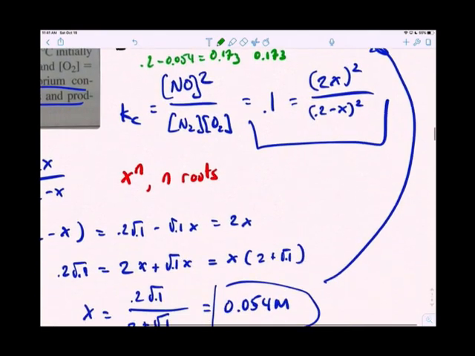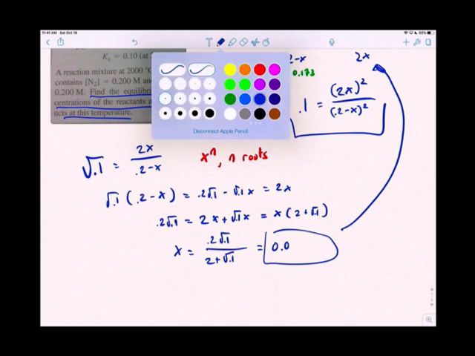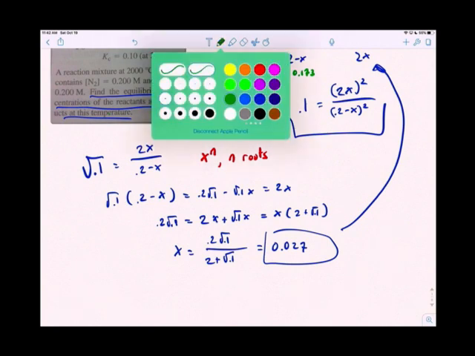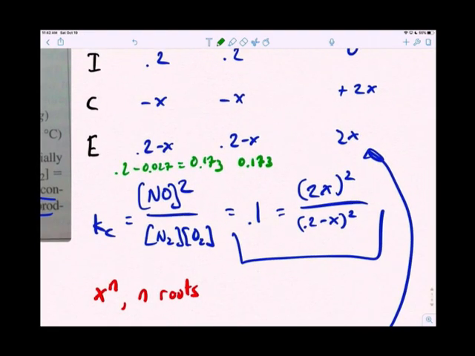Oh, wait, I did make a mistake. I'm sorry, I was looking at the book. This is actually 0.027. I was wondering about that math there. This is 0.027. So this is going to be 0.054.